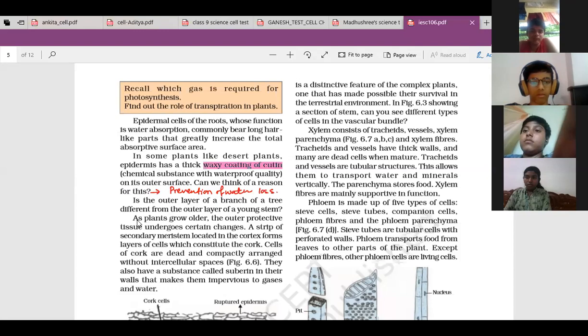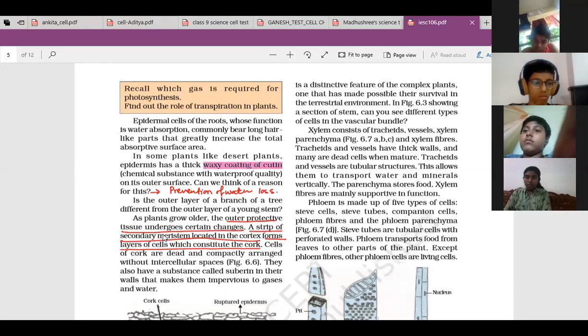Okay. Now about cork cells. As plants grow older, the outer protective tissue, that means the epidermis, undergoes certain changes. A strip of secondary meristem located in the cortex forms layers of cells which constitute the cork.